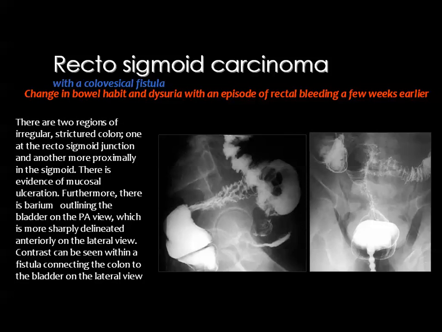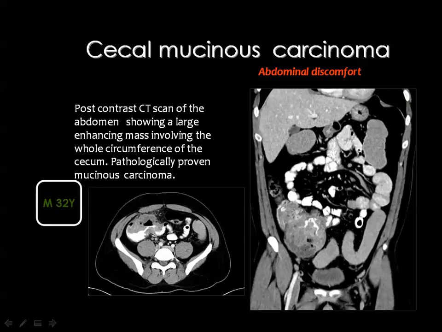Sometimes it's better seen by CT scan, and you see barium going outside the colon into the region of the urinary bladder. This is a carcinoma of the cecum, and you see a big mass infiltrating the cecum, compromising the lumen.